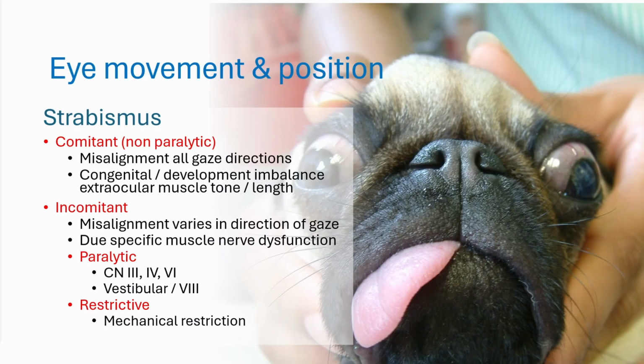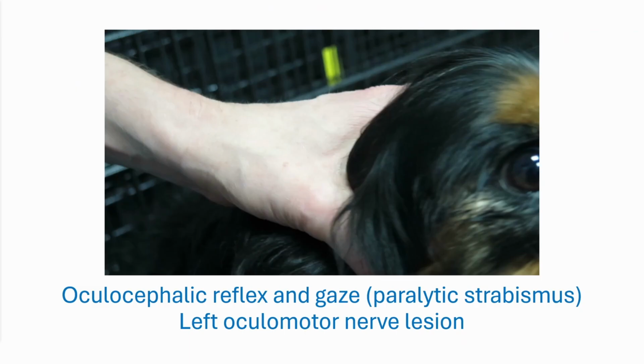So we're just going to have a look at an example of that. This dog has a left oculomotor nerve lesion, an external one and an internal one. You may notice that the pupil is mydriatic.